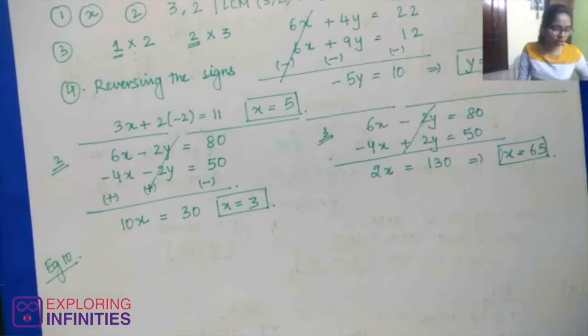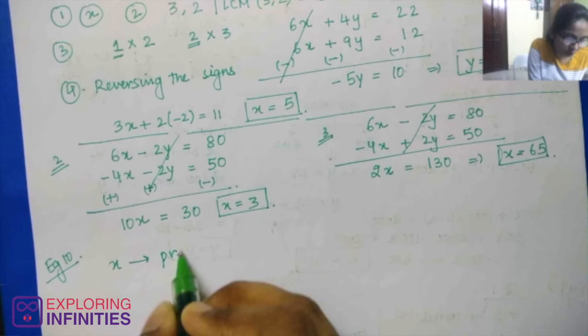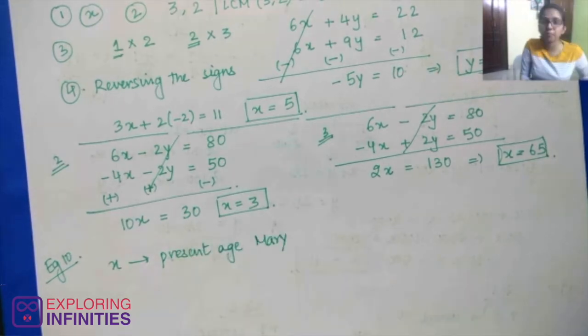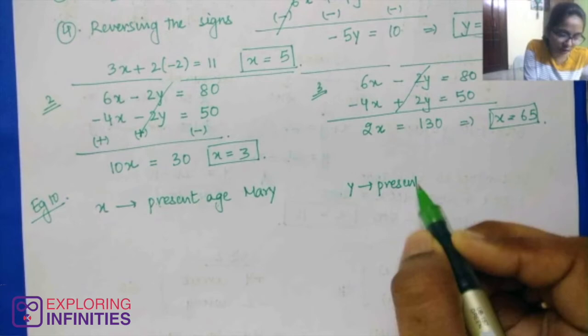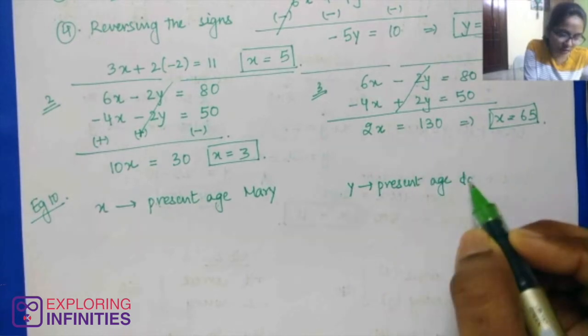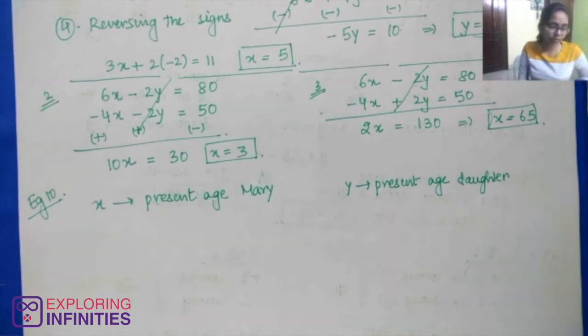We have x as the present age of Mary. It's very important that you mention that we are talking about the present age of Mary. And y be the present age of her daughter. Okay, so we have defined x and y.